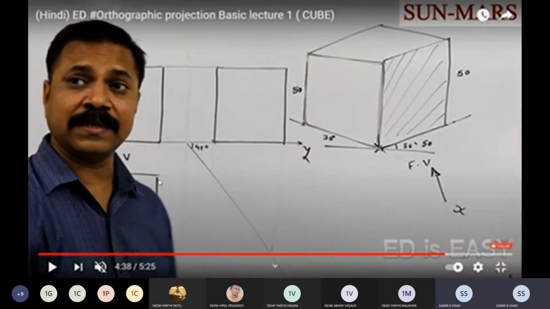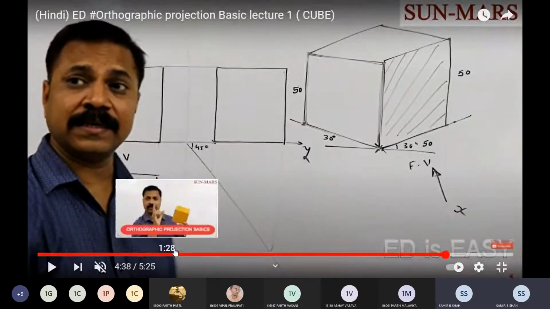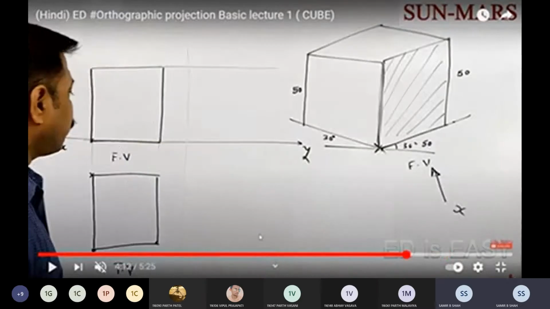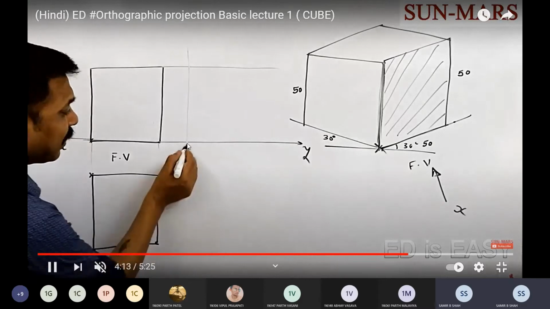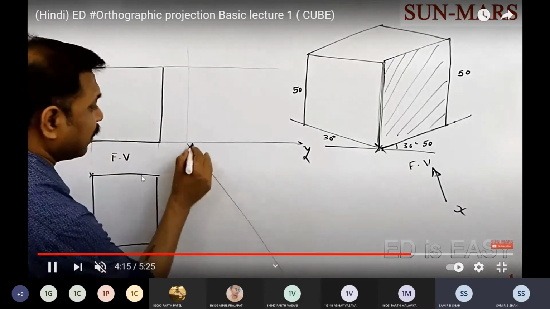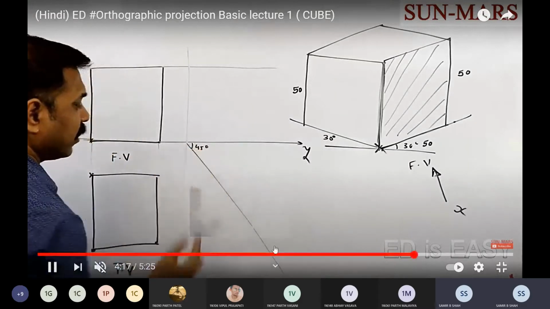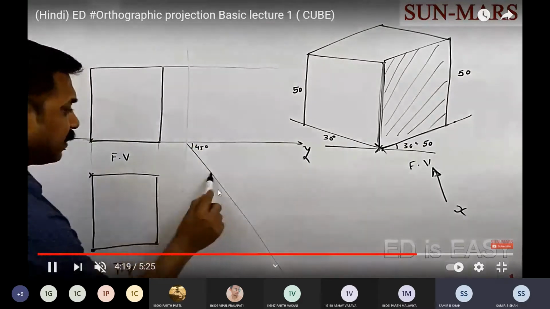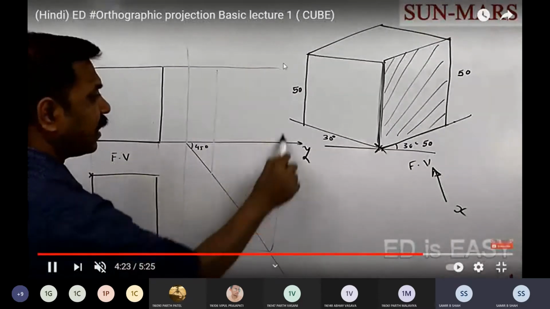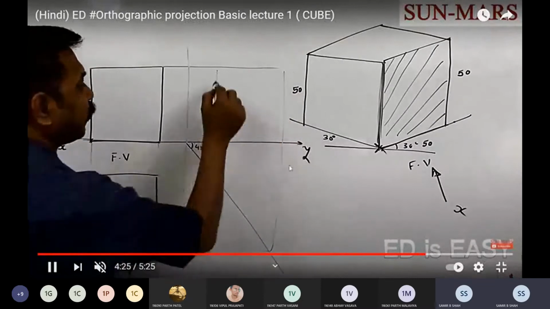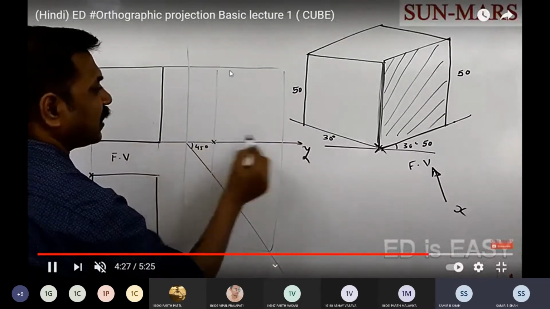How will we draw it, that we discuss here. You can just take the projection of both, and after that take 45 degree, then extend that projection up to that line. After that, extend that projection up to the end of the front view. So this is the boundary of your side view.